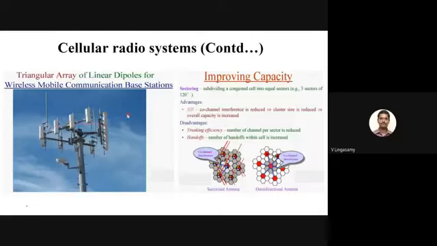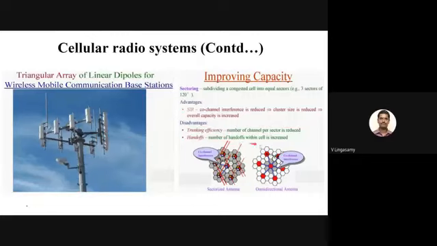For example, you have X channels, but you have to divide X by 3 among the sectors, so the number of channels per sector is reduced. It may happen that in one particular direction only users are there and in the other 2 directions you don't have any user. Then you have a limited number of channels which can cater to only a limited number of users. So that way we are reducing.